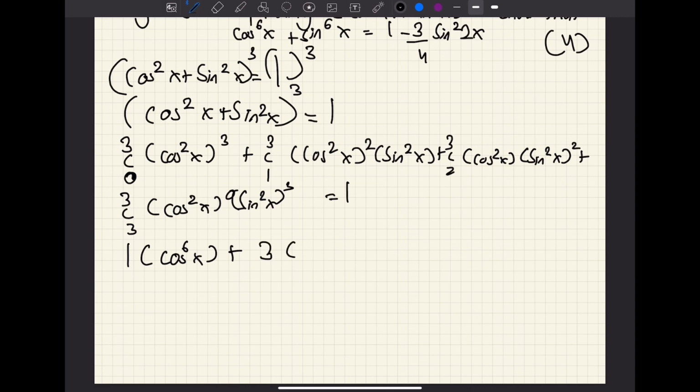So 3 cos 4x, because it was cos square x to the power of 2, so 2 would multiply here and you would have cos to the power of 4. And sine square x has power 1, so no changing. And 3C2 should also be equal to 3.